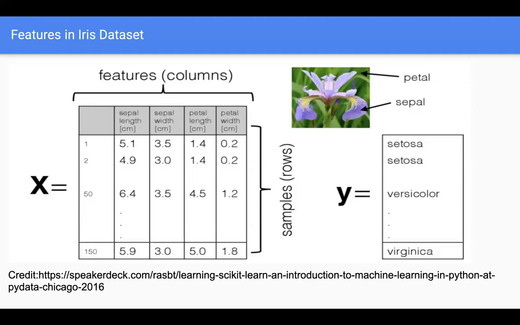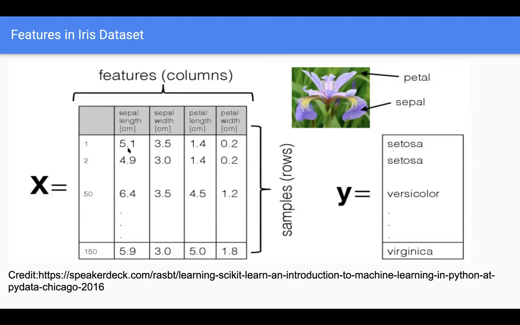Again, classification is a supervised technique. So the data set has the input features as well as the output feature. The output feature here is the kind of category it belongs to, and the input features are the individual columns that we see in the X block here.